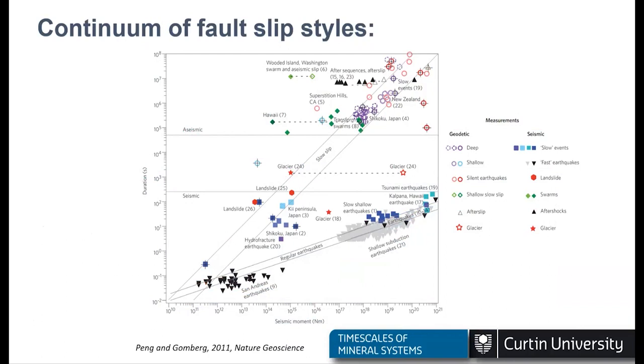But you get this other class of slow earthquakes or slow slip events that release comparable amounts of energy, because these slow slip events slip large lengths of the subduction zone. They release large amounts of elastic energy, but they happen over such long timescales that they don't radiate huge amounts of seismic energy. And again, it makes the point that faults don't just slip by stick-slip behavior. There's a range of other processes happening in these fault zones that we need to get a handle on to understand how they work.